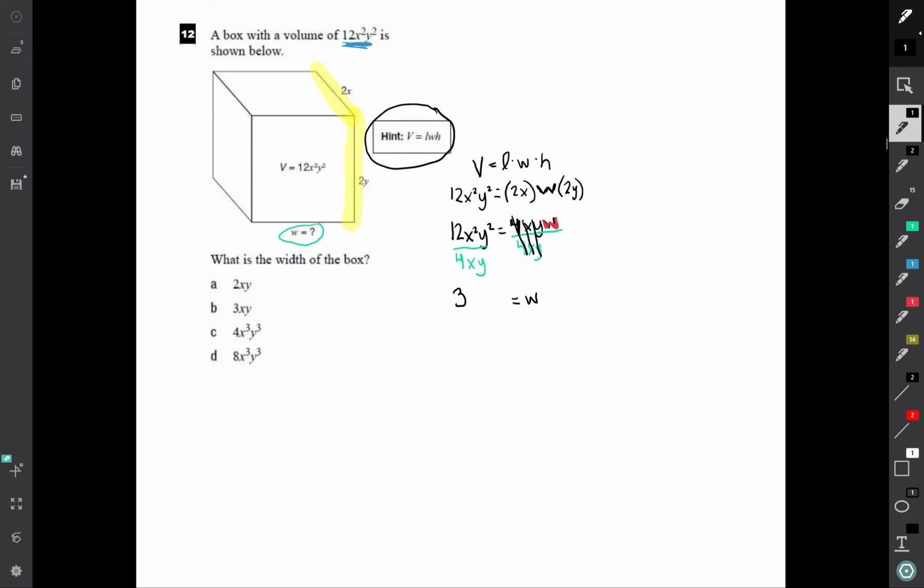And then we have x, so we're going to do 2 minus, remember there's a 1 there, so 2 minus 1 is 1, and I don't have to put the exponent. And then again, I have y squared divided by y, so that is also y. And that's actually what we're looking for, the width of the box. So our answer ends up being B. Okay, good.